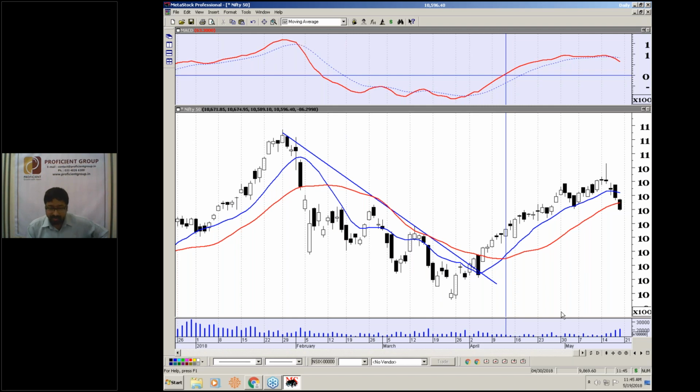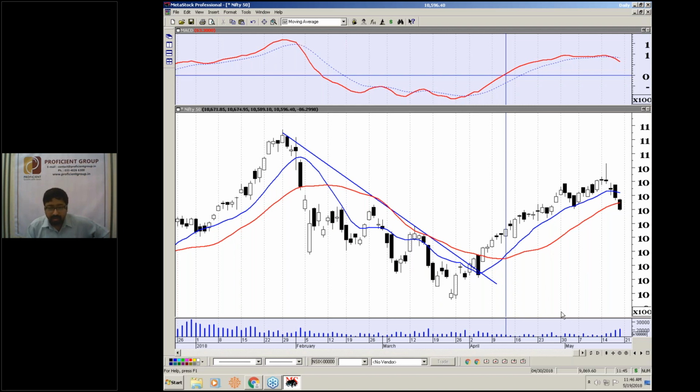And in a downtrend, the short-term moving average tends to be placed below the longer-term moving average. So in a downtrend, the value of MACD will be less than 0, when the short-term moving average is residing below the longer-term moving average, and vice versa. In an uptrend, MACD will be positive.